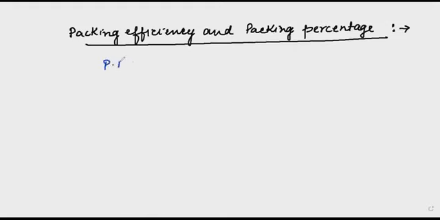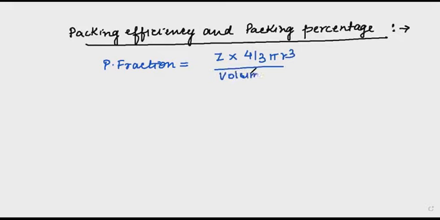Now we are talking about the packing fraction. Packing fraction is equal to rank into volume of one atom, meaning 4 by 3 pi r cube, upon volume of unit cell. Clear?